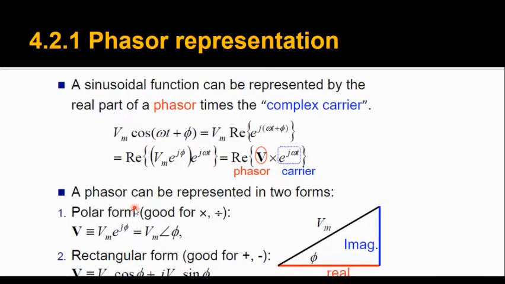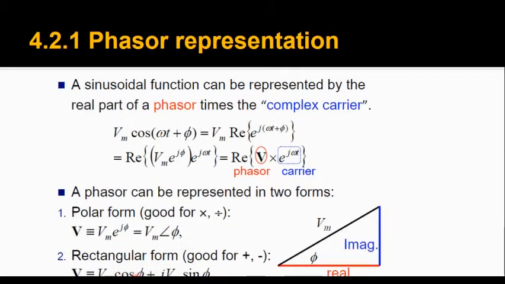Okay, so the phasor representation can be in two forms. One is using the polar form. The polar form is what you have seen just now, from the magnitude, and also you have the phase, or the phase angle. Or you can also represent this in a rectangular form.